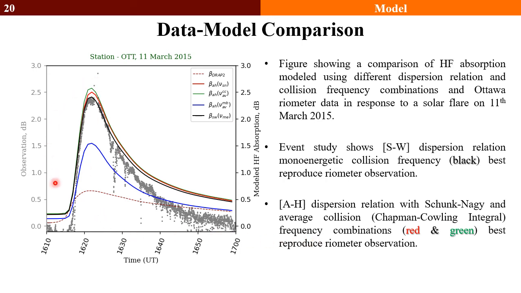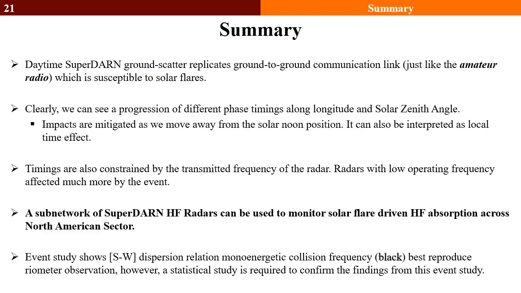From this data-model comparison, we find that the black line, the Sen-Wyller dispersion relation with monoenergetic collision frequency, best reproduces the riometer observation. However, Appleton-Hartree with the Chapman-Cowling average collision frequency also reproduces significantly good data agreement with the riometer observations.